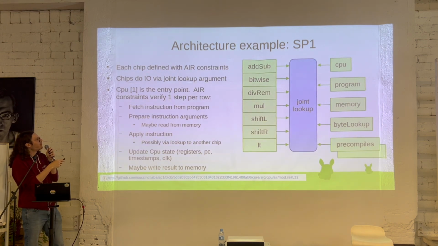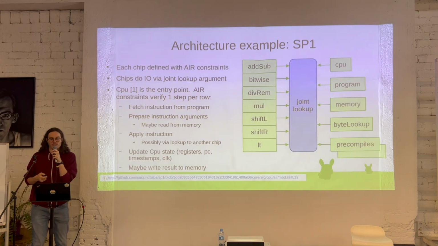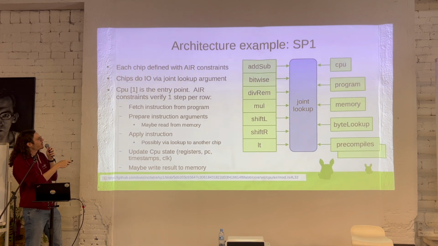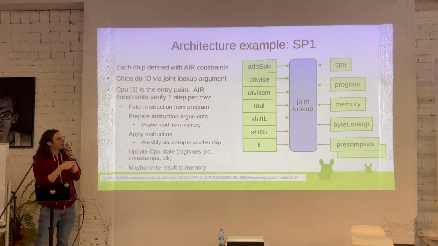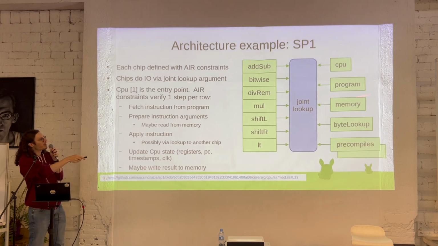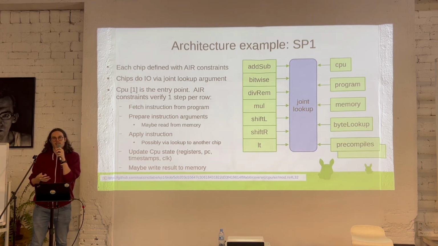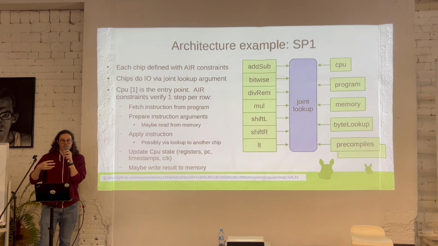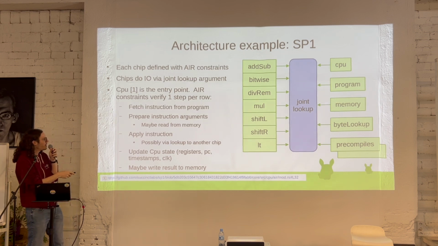In particular, it will fetch the instruction from the program, so it will do a lookup to get the current instruction at the program counter from the program. Then it will prepare the arguments for the instruction. The arguments may require a memory fetch, which is another lookup to memory. Then it will apply the instruction. Basically in the CPU we have a state which is all the registers, and the instructions will tell how these registers need to be updated.